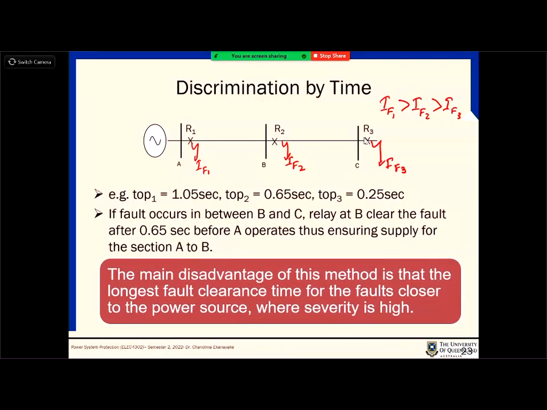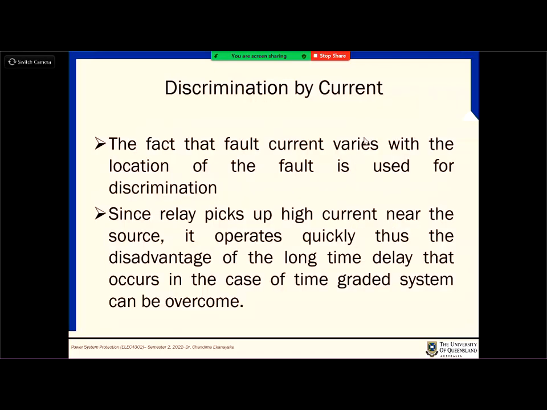That is the main disadvantage of this method: the longest fault clearance time is for the fault closer to the source, which is not good, because the severity of the fault is high when the current magnitude is high. Got it? Therefore, we are looking at another way to discriminate, which is discrimination by current.